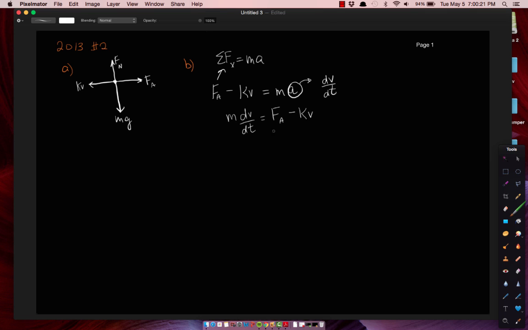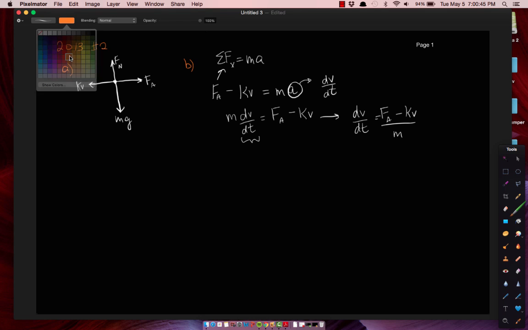This is our differential equation. We want to solve for dv/dt in terms of these variables, so we'll just divide everything by mass. So dv/dt is equal to the force applied minus the drag force, all over mass. Okay, so that's the end of part B.